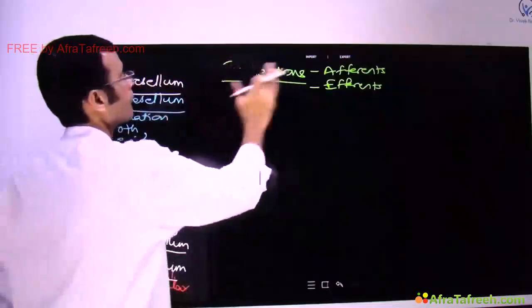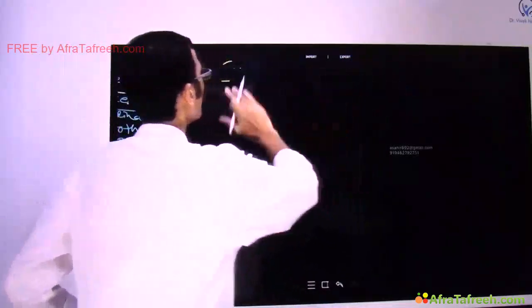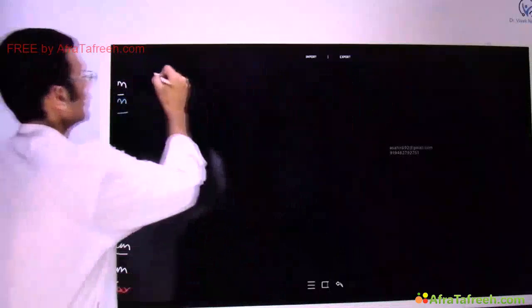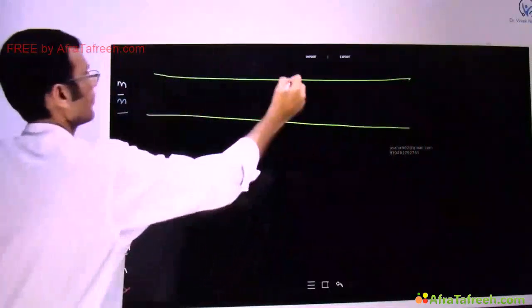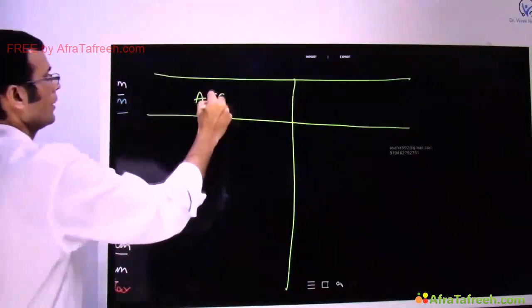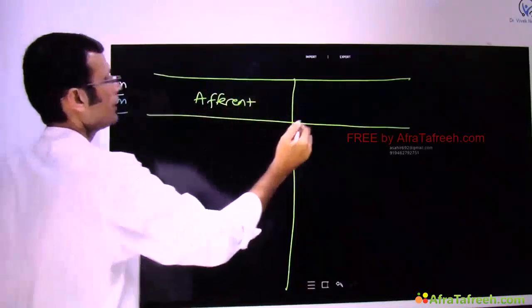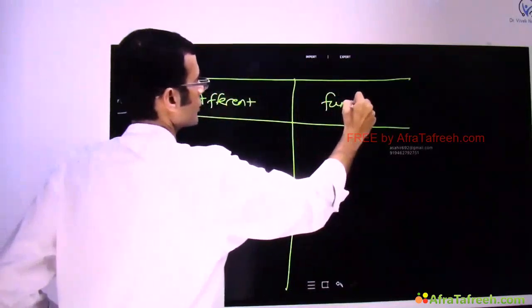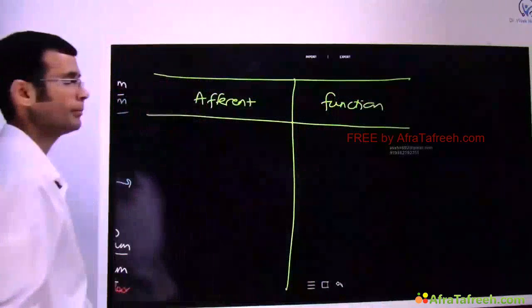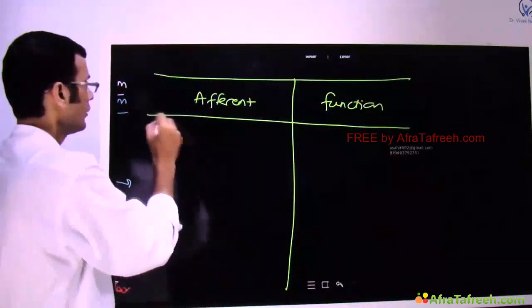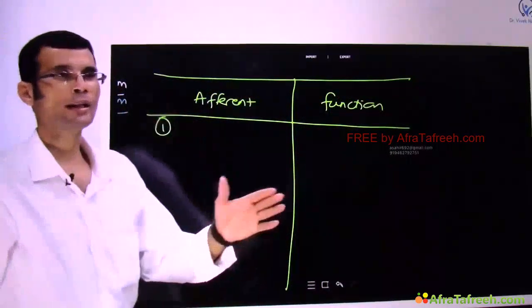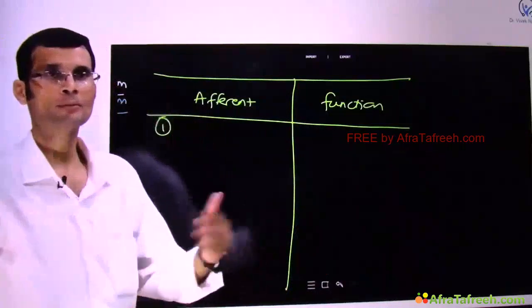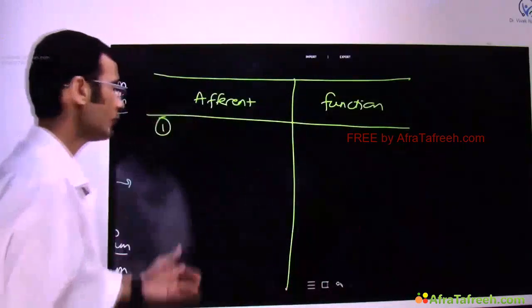Let us see the afferent connections, afferents coming into the cerebellum. What does it carry into the cerebellum? First, we already know there are three functional divisions: vestibulocerebellum, spinocerebellum, cerebrocerebellum. So let's go by that.